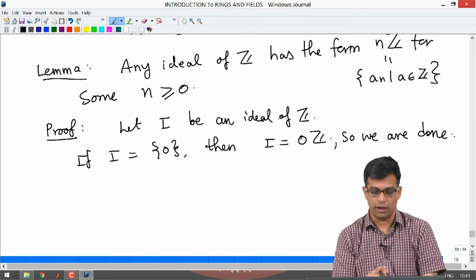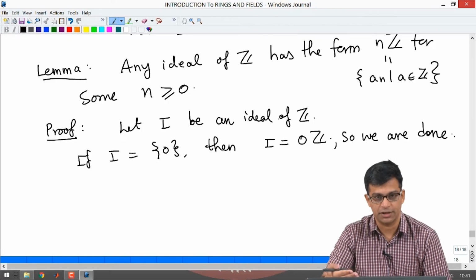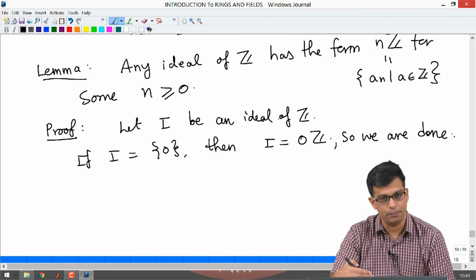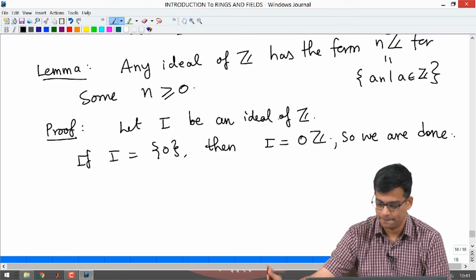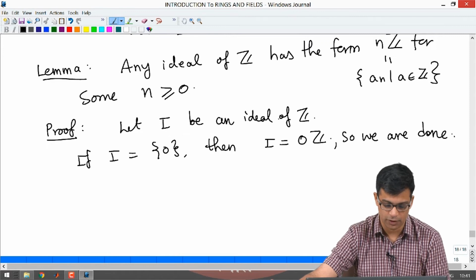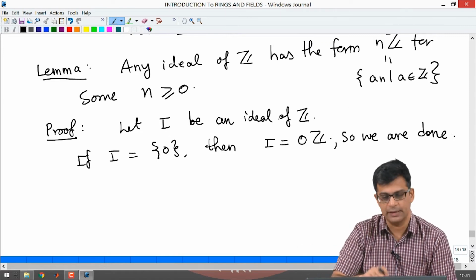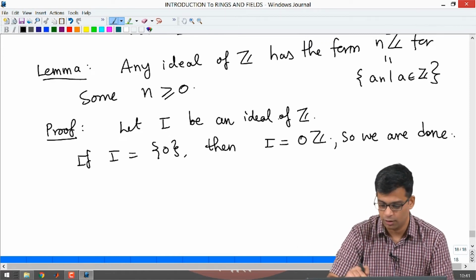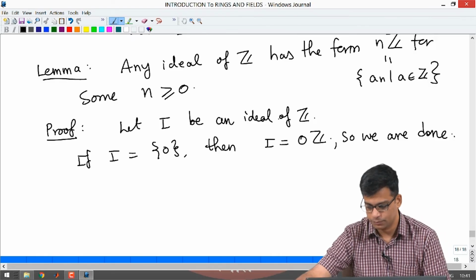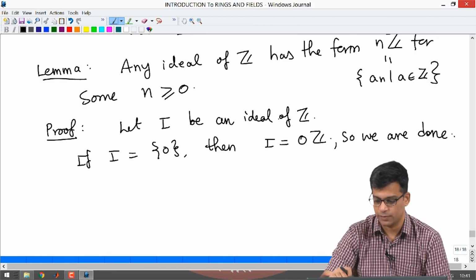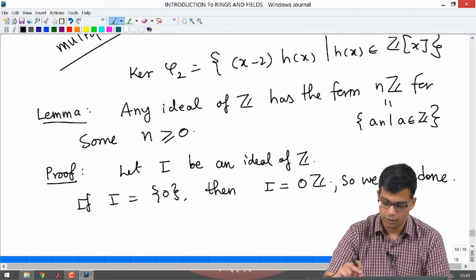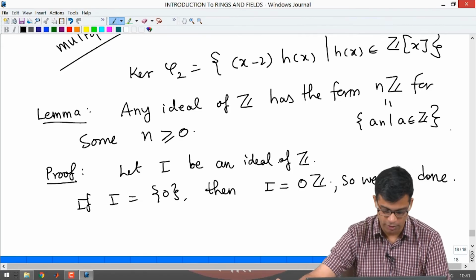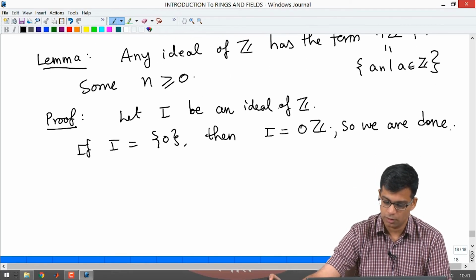Please pay close attention to this. This is a very nice, simple, but extremely important argument in ring theory, and this sort of thing comes up all the time. So, if I is simply just the 0 element, it is of the form 0Z, right, because 0 times a as a varies is just 0. We are claiming that every ideal is of the form nZ. If it is simply 0, then it is 0Z.